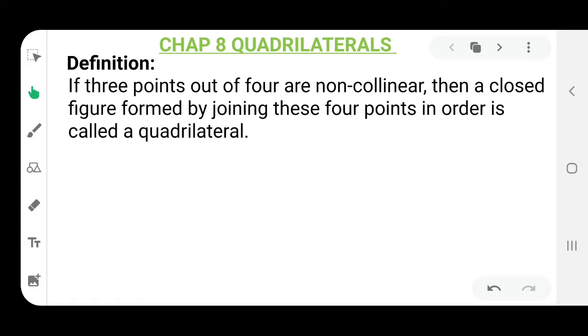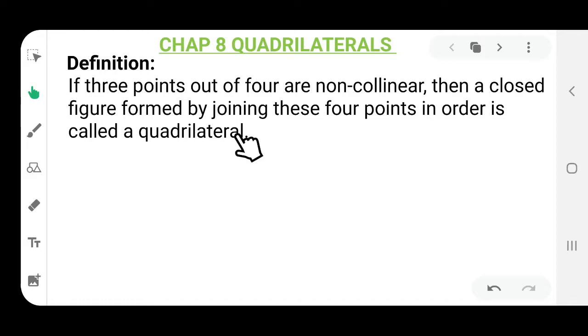So let's start first with the definition. What is the definition of a quadrilateral? Here it is written that if 3 points out of 4 are non-collinear, then a closed figure formed by joining these 4 points in order is called a quadrilateral.